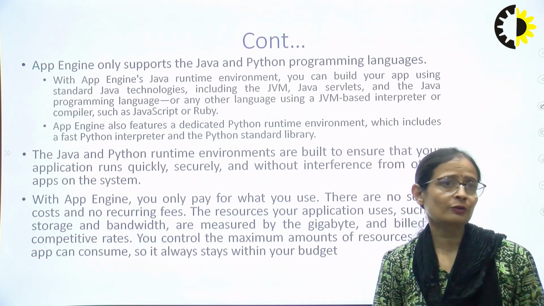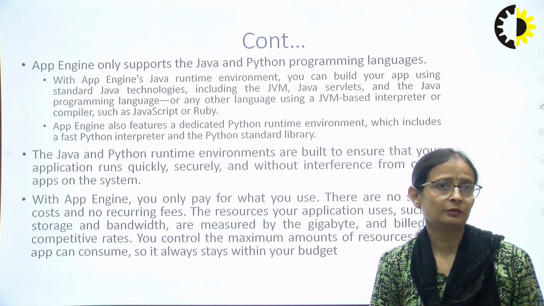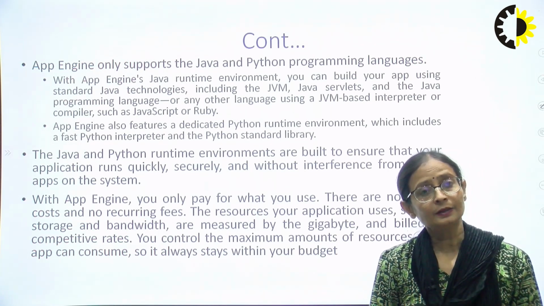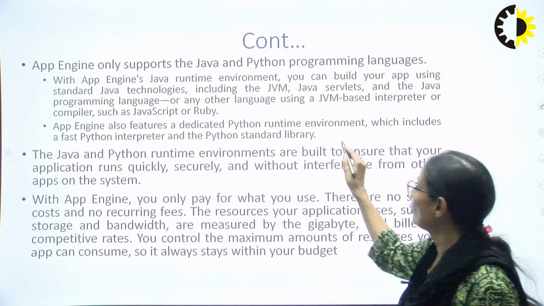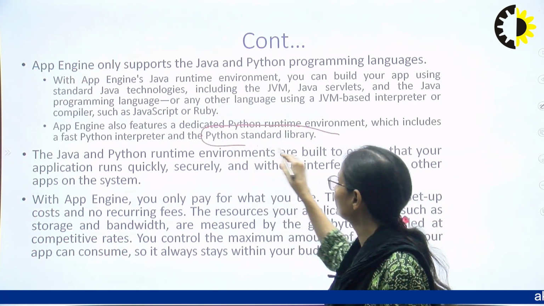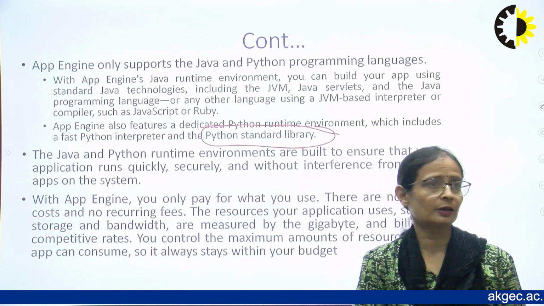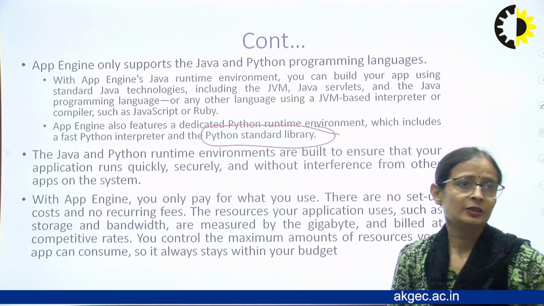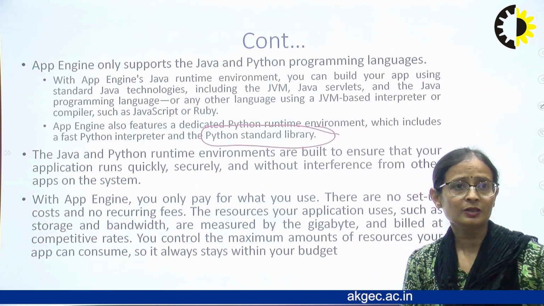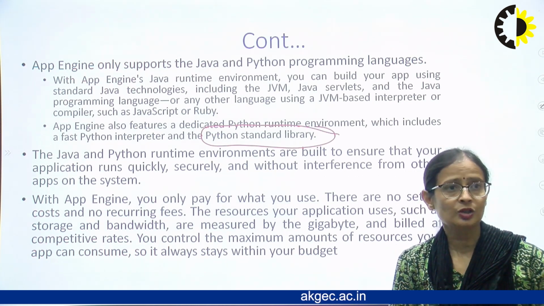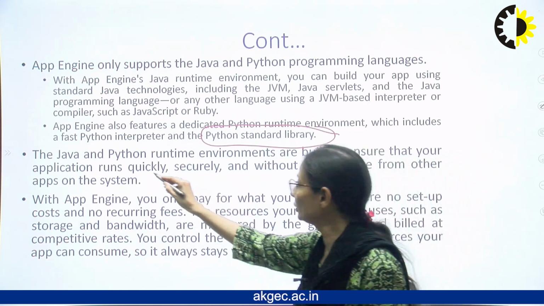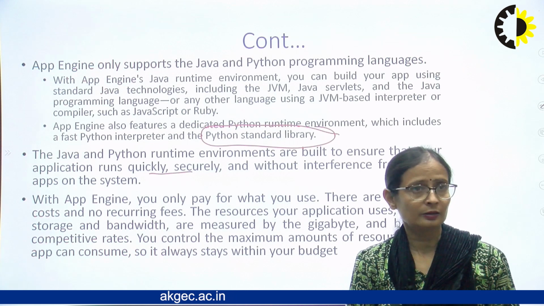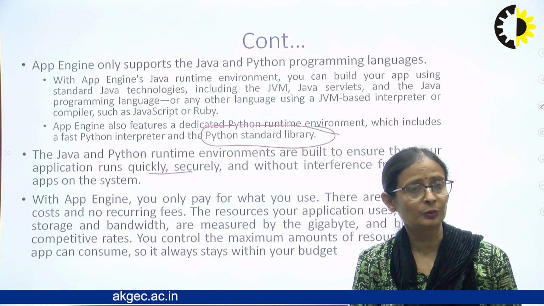App Engine also features a dedicated Python runtime environment, which includes a fast Python interpreter, and it also provides very exhaustive Python standard libraries, which give very good support to developers. Java and Python runtime environments are built to ensure that your application runs quickly. You just write your code, and once you run it, it is done within a few minutes.